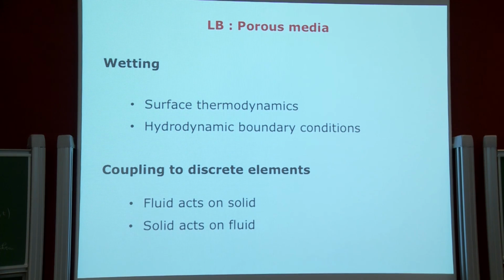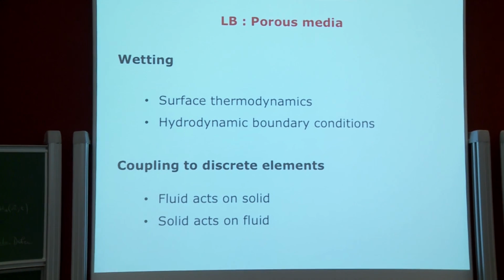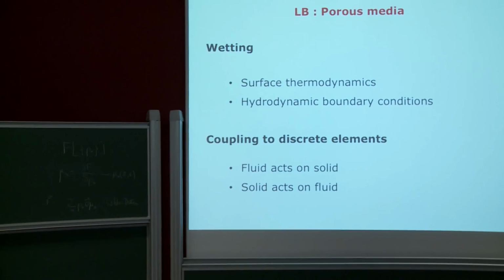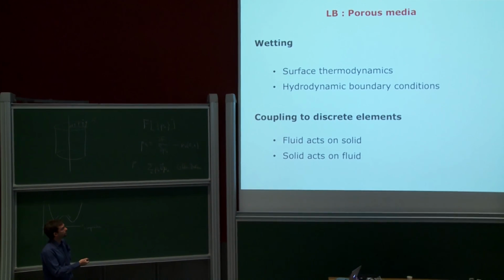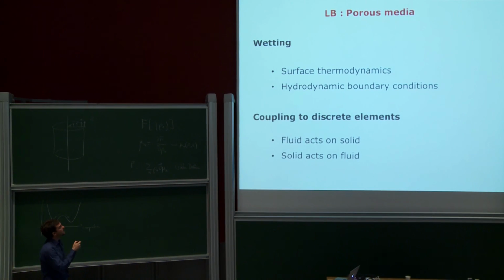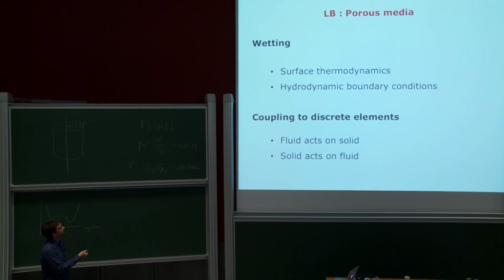Another example of complex systems, porous media, and you will play a little bit with porous media this afternoon. Not with binary mixtures, but with simple fluids. If you have binary mixtures, you also need to think about surface thermodynamics, just as I've mentioned for the colloidal particles.